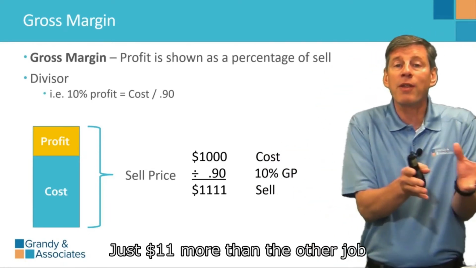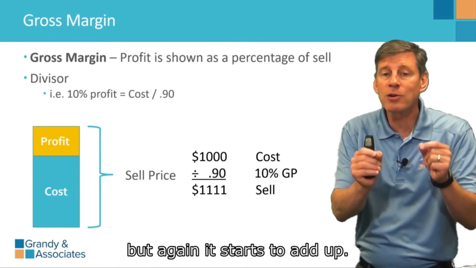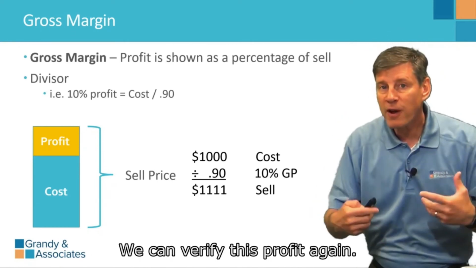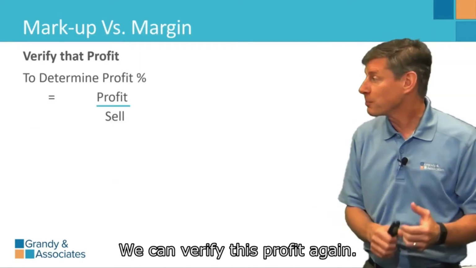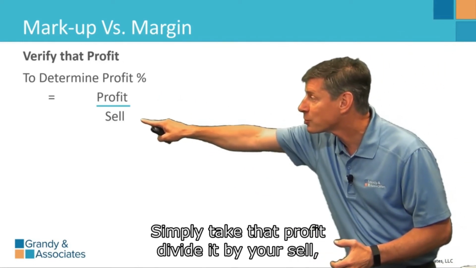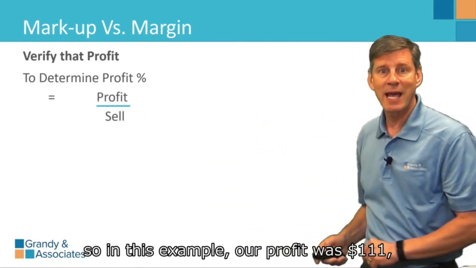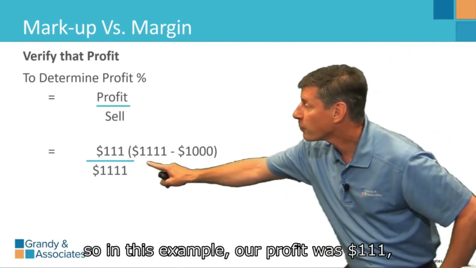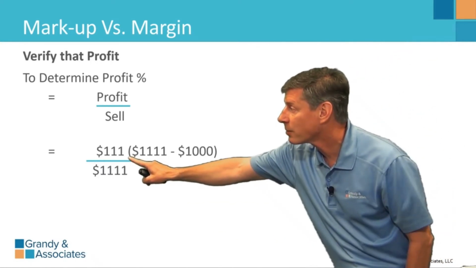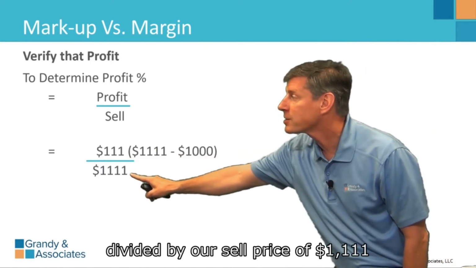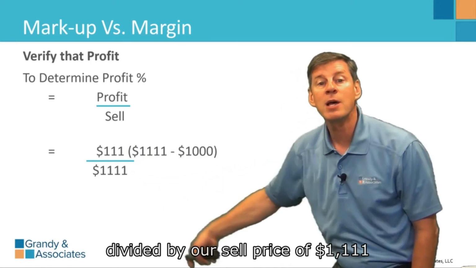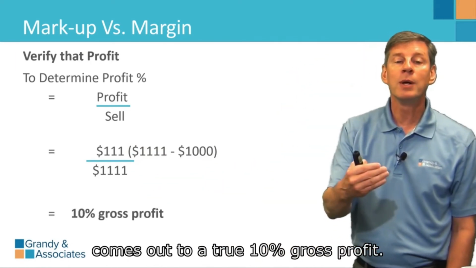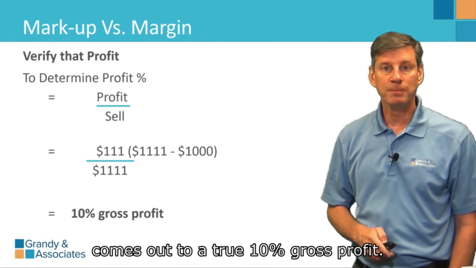Just $11 more than the other job, but again, it starts to add up. We can verify this profit. Again, simply take that profit divided by your sell. So in this example, right, our profit was $111 divided by our sell price of $1,111 comes out to a true 10% gross profit.